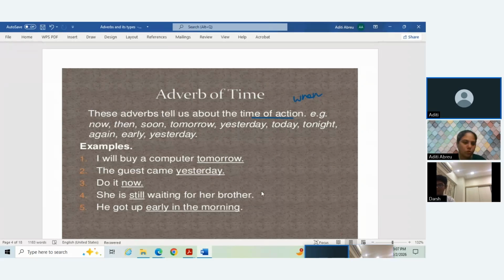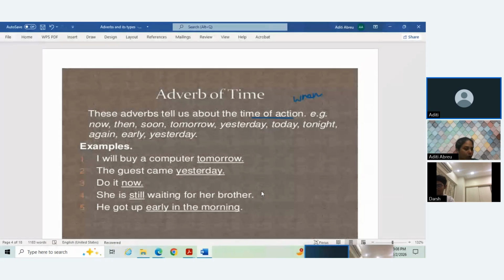So what you have to do to find the adverb of time is you have to first check the verb, which is your action word. I will buy. Will buy is your action word. Over here, you have to ask the question when on the action word. I'll buy a computer tomorrow. When will I buy a computer? Answer will be tomorrow. Right?